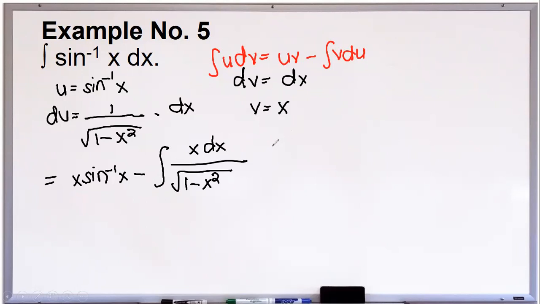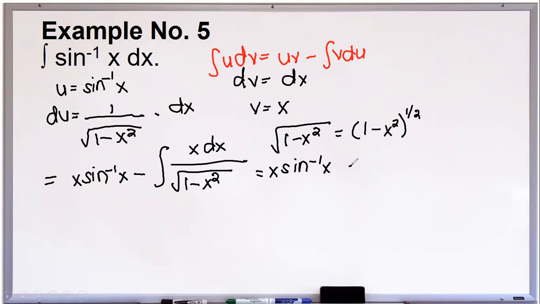So, transform natin si 1 minus x squared into fractional exponent. So, magiging 1 minus x squared raised to 1 half. Okay. So, mangyayari, ganito ang magiging, which is equal to x arc sine of x, minus integral of x dx.